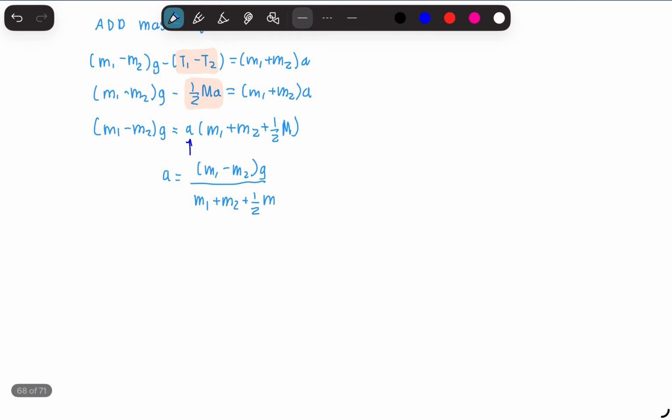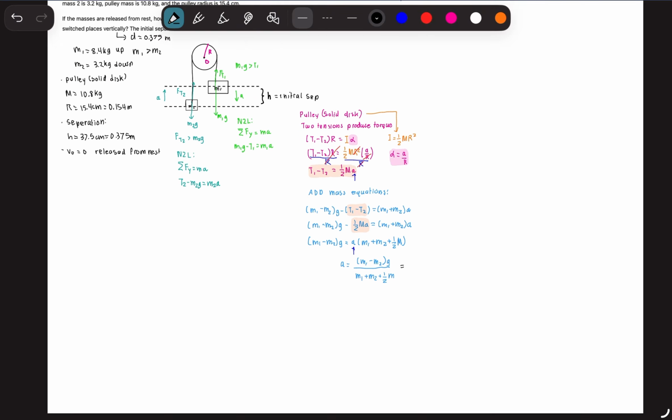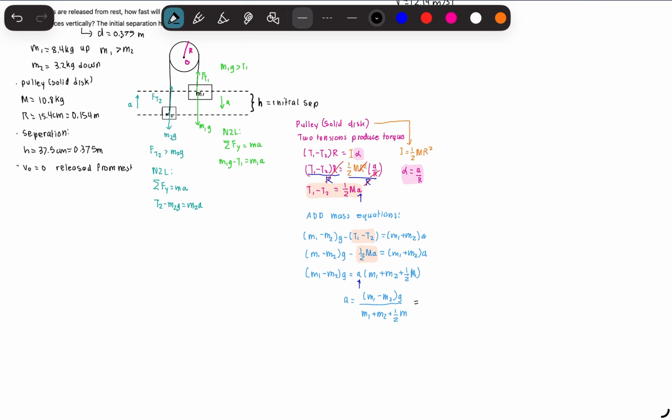Now we have to plug in our numbers. So these were our numbers over there.